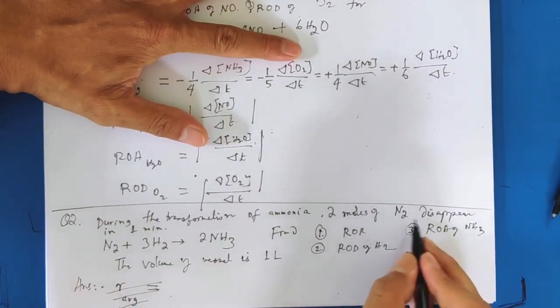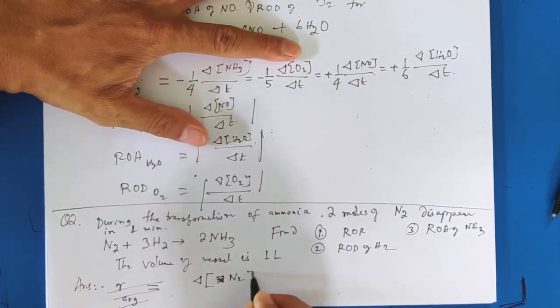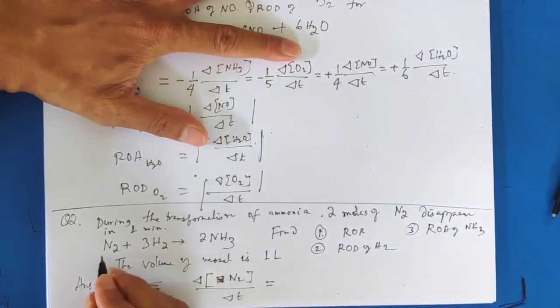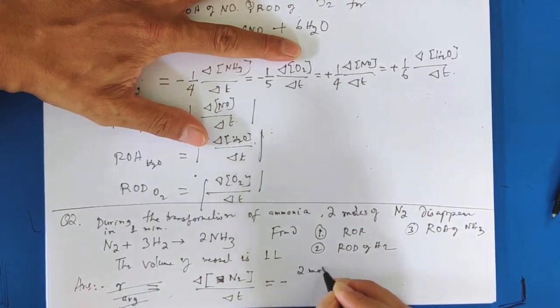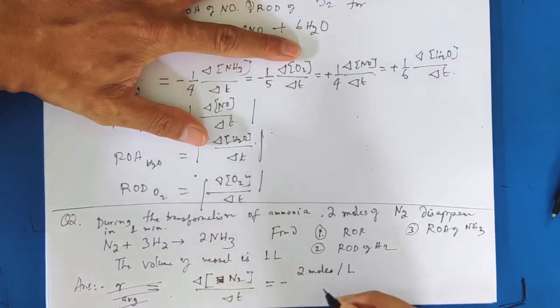That means the rate of change of nitrogen, del N2 concentration with time. How much is it? Nitrogen is the reactant, so minus. He says 2 moles per 1 liter. In what time is given? 1 minute. Yes, 1 minute time is given.